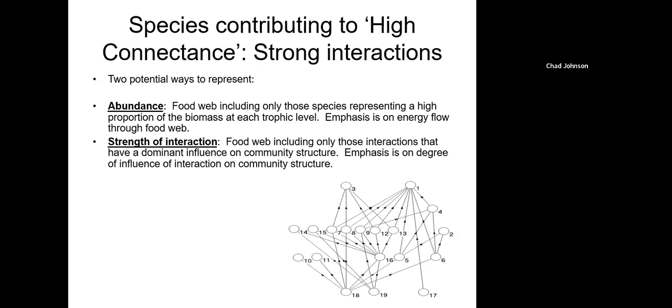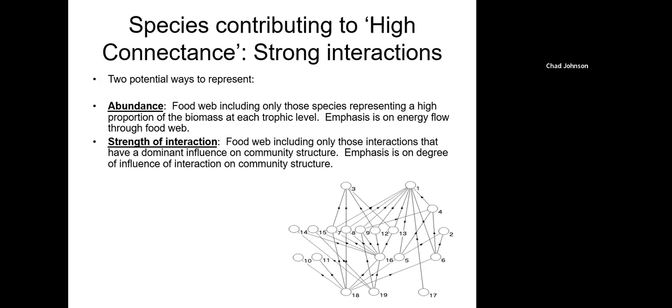Kind of beating this dead horse. Have we not already said this? Oh, okay. Well, we talked about the food web being too complicated and too big. One way that you could simplify a food web is to strip out species that aren't heavily apparent, in other words, by the abundance of a species.